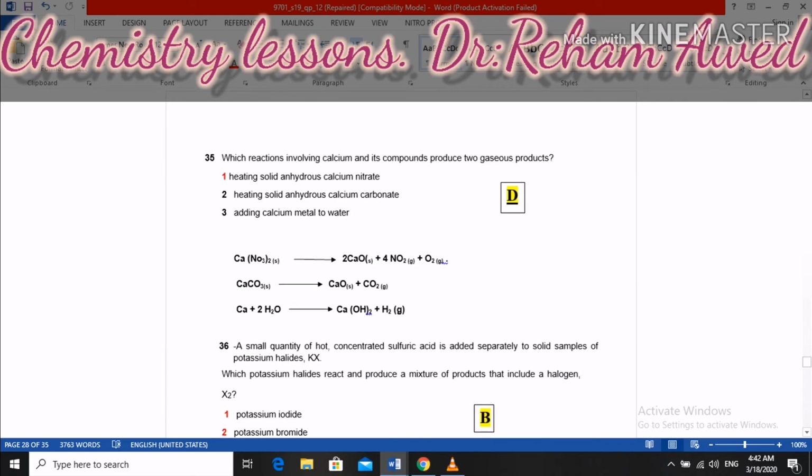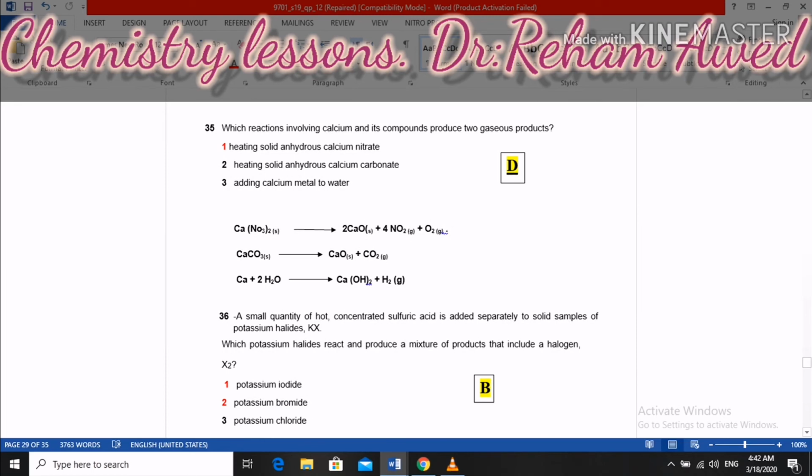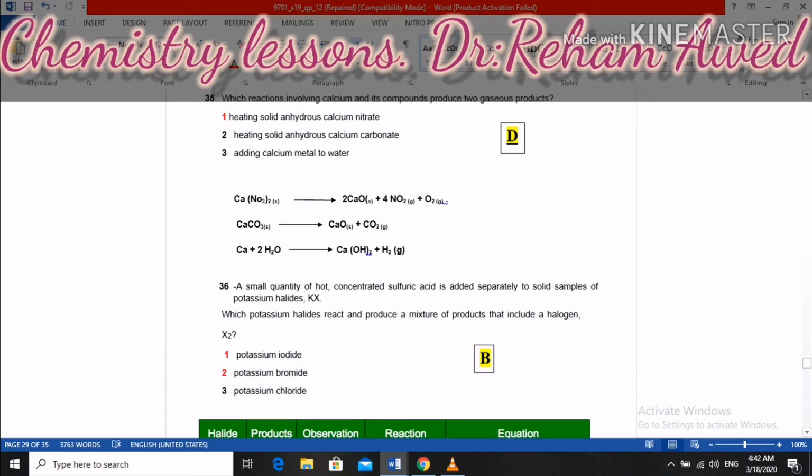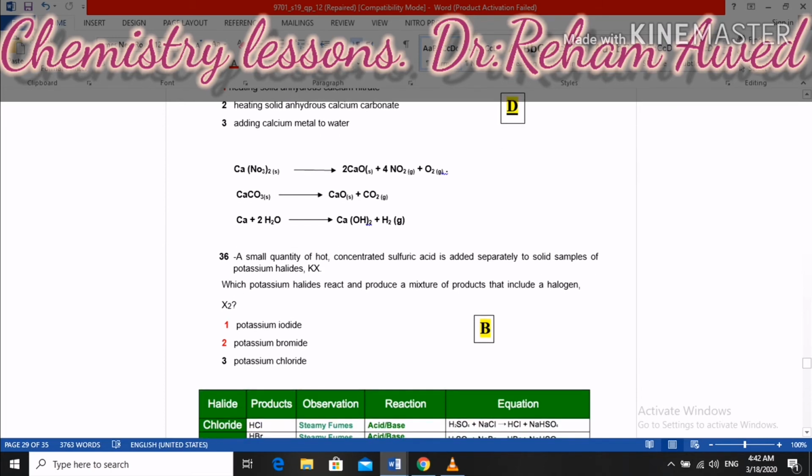Question number 36. A small quantity of hot concentrated sulfuric acid is added separately to solid samples of potassium halide, KX. Which potassium halides react to produce a mixture of products that include a halogen? This question we studied in the halogen chapter, for identification and knowing the strength of hydrogen halides. Which hydrogen halide will be stronger than the other?